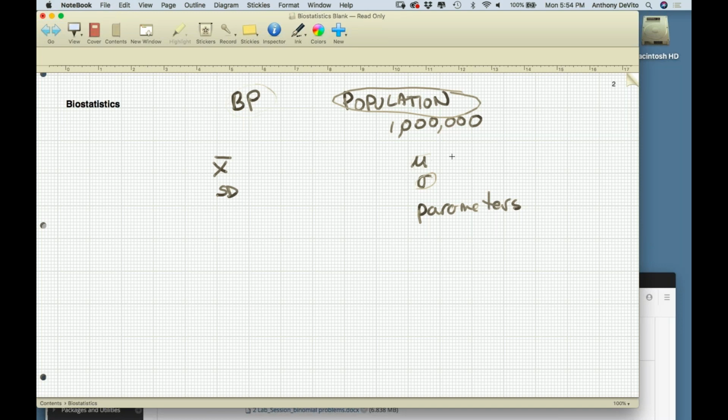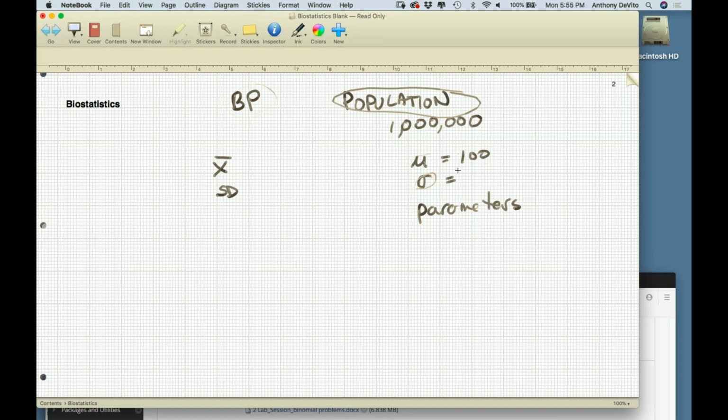So let's say that the population mean average blood pressure for this population is 100. Now that tells us where the middle is, right? So it gives us an idea that on average, blood pressure of individuals in this population of 1 million individuals is 100. Some of them are less than 100, some of them are more, but the average is 100.